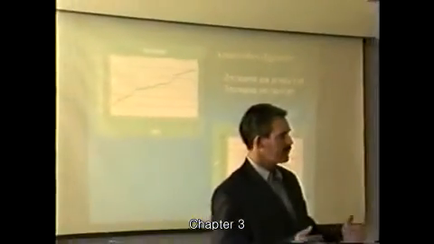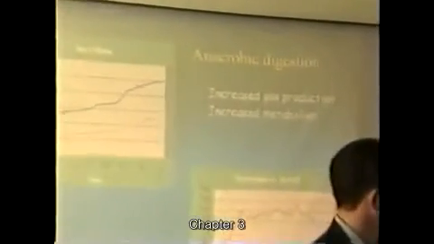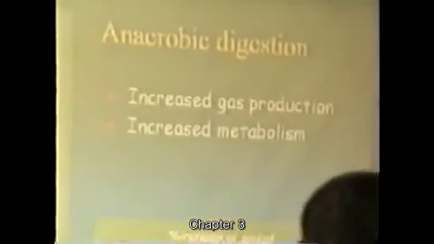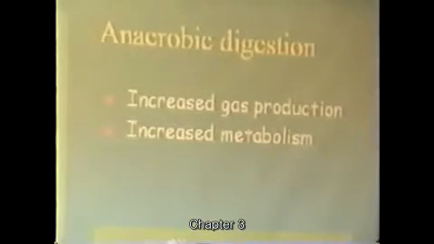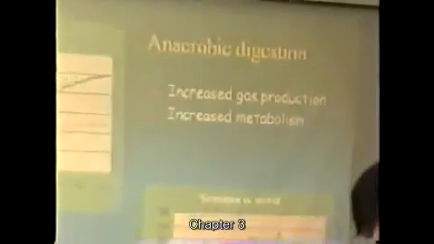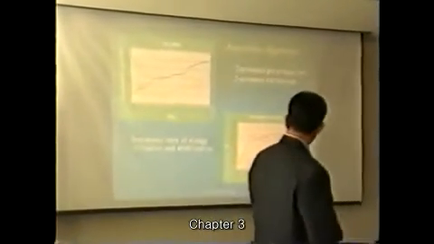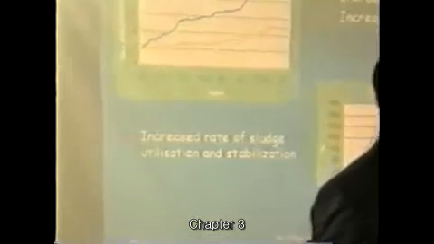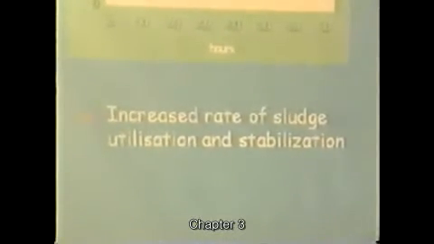So, increased gas production, which means an increase in metabolism, which demonstrates the movement from glucose to acetate to methane. Get it out of the system. There's no stopping it. And that's what the archaea do. Increased sludge utilization rate and stabilization, so the rate at which you can pump through an anaerobic digester is increased.